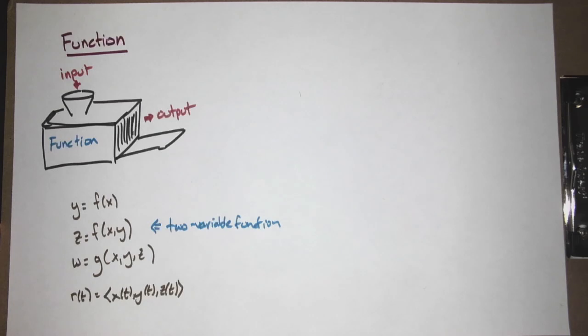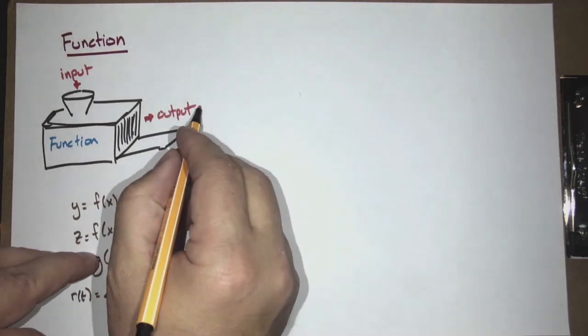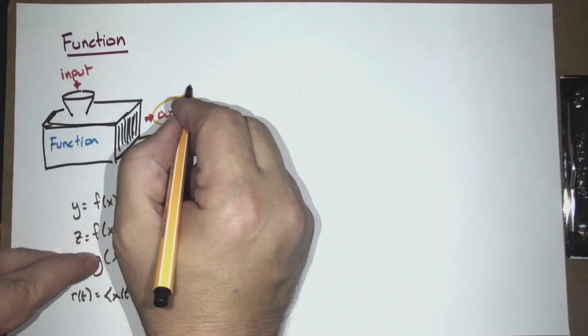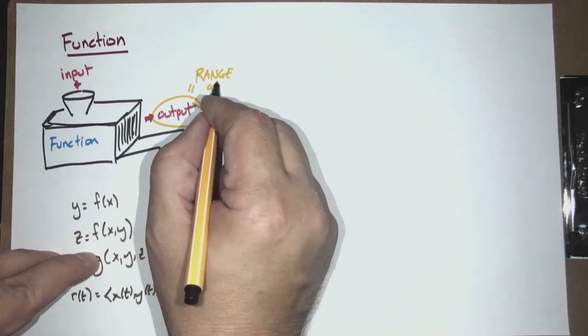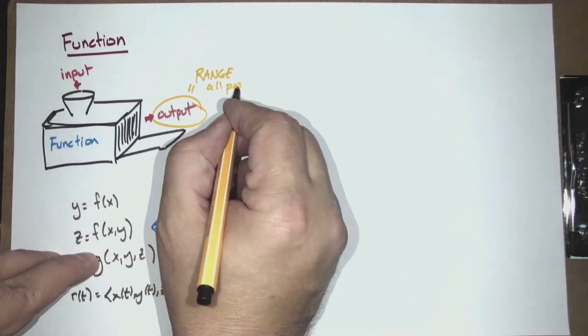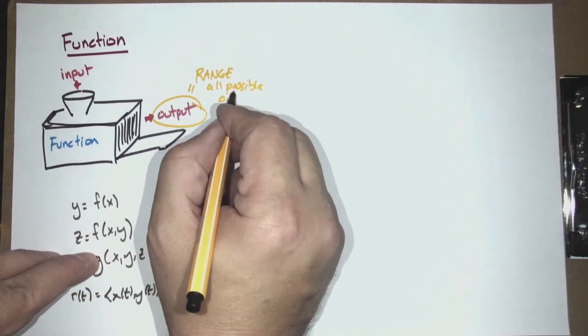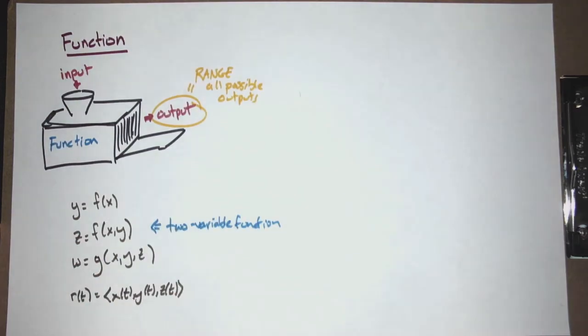Now, we're going to do just very simplistic things today to make sure we understand what's going on. The output of our function, we call the range, all the possible outputs. So when you talk about the range of a function, well, that's what comes out. Now, range, that's hard.